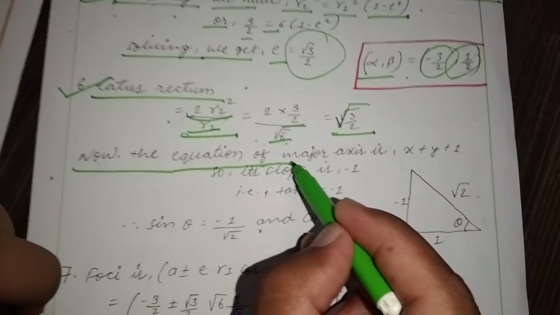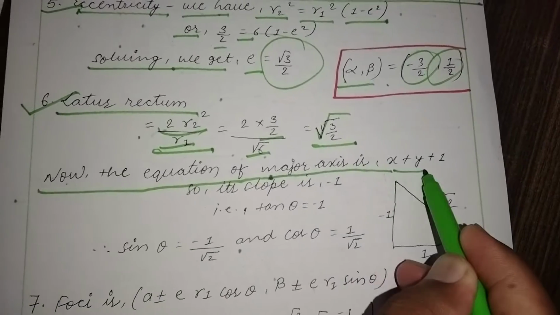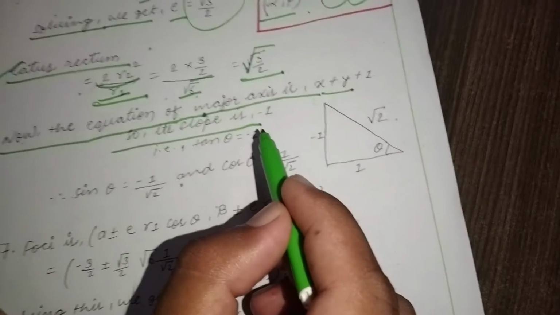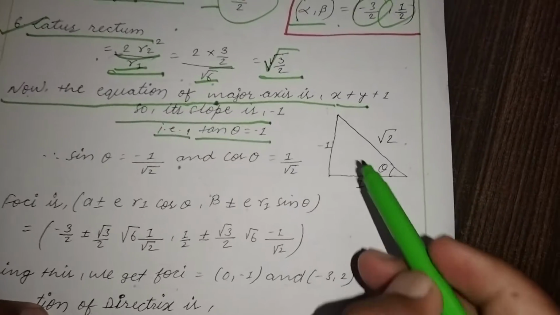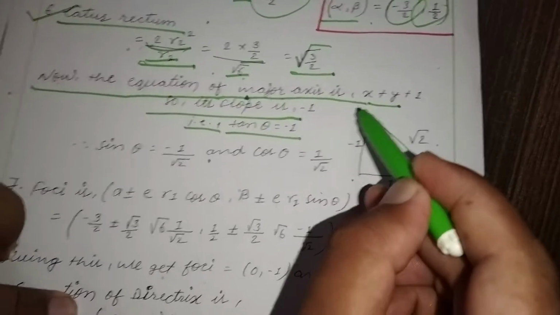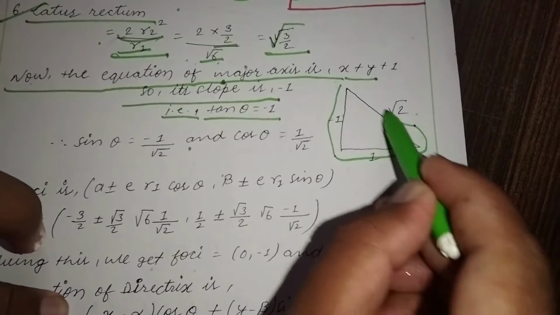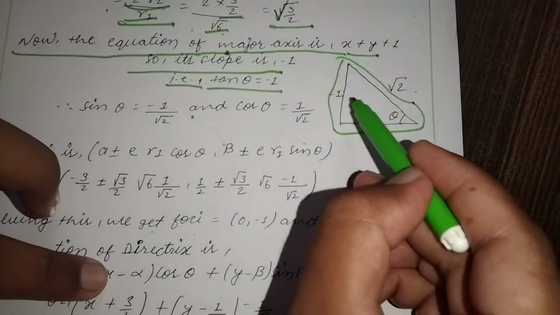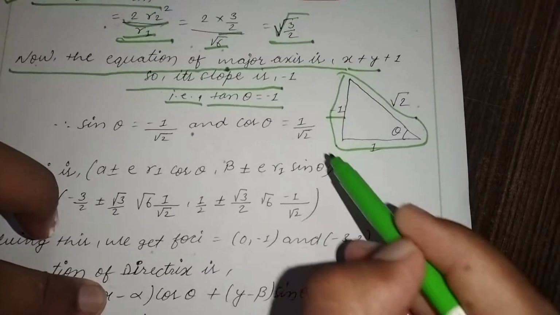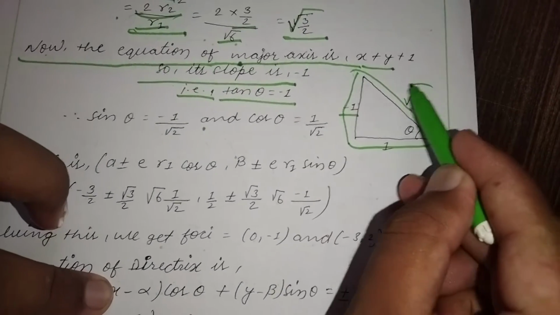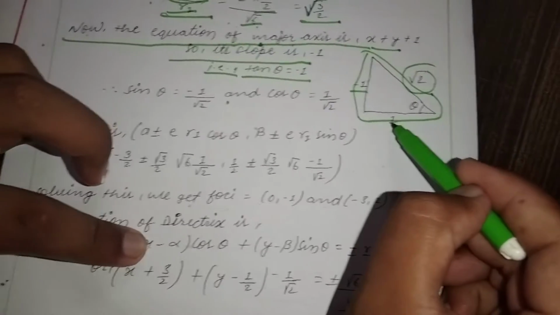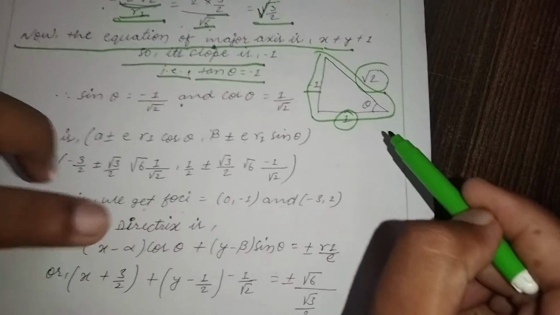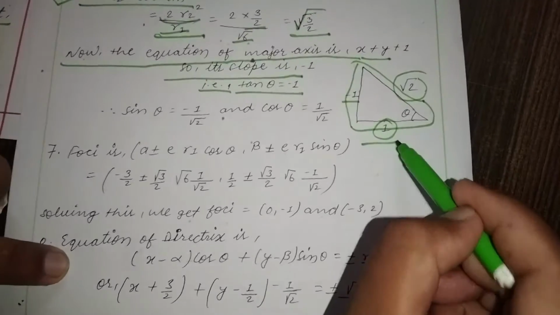Now the equation of the major axis is x + y + 1, so its slope is −1, that is tan theta = −1. Now using this triangle, focus here: the perpendicular equals −1, the hypotenuse equals √2, the angle is theta, and the base is 1.